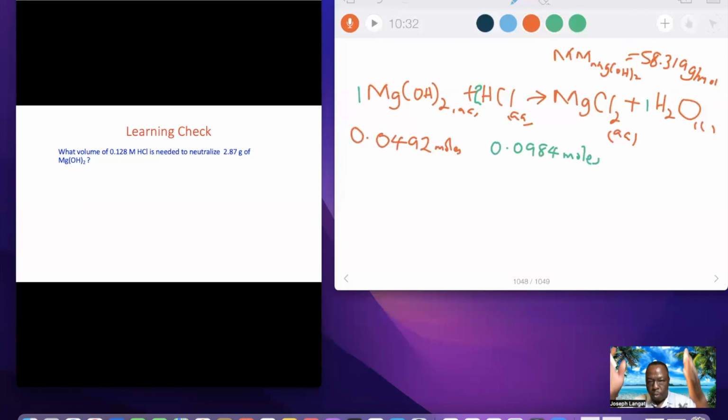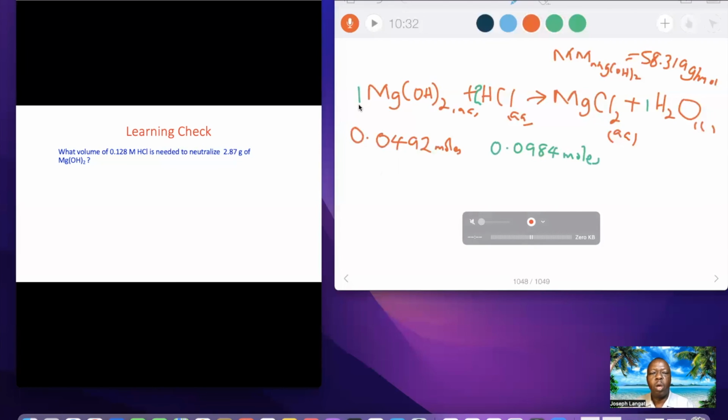I'm writing all the information below each reagent. How do I know? I had to convert this number of moles. Mole ratio is 1 to 2. Therefore, to consume 0.0492 moles, we need 0.0984 moles of HCl.